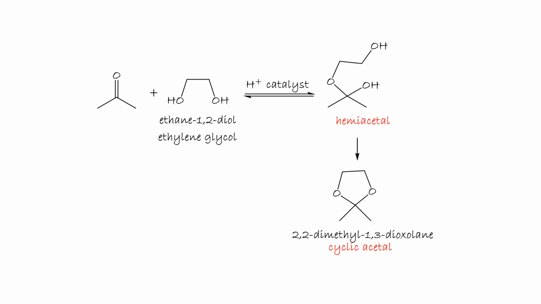Reaction of aldehydes and ketones with ethane 1,2-diol, common name ethylene glycol, in presence of catalytic amount of acid like sulfuric or paratoluene sulfonic acid, gives intermediate hemiacetal followed by intramolecular substitution reaction to give the cyclic acetal.